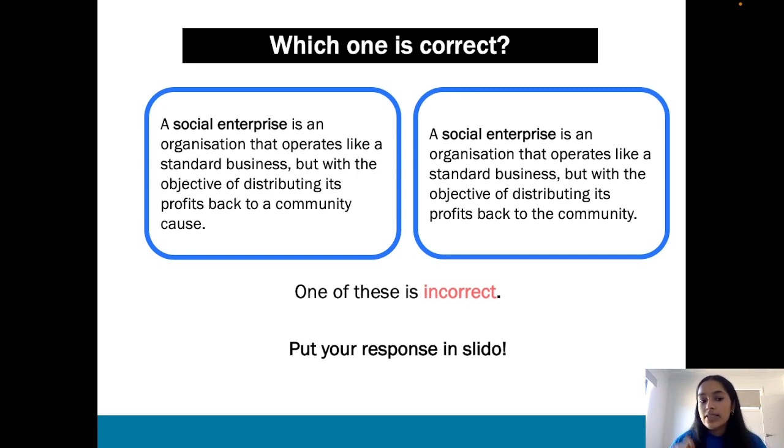So it's all about seeing what within the community needs more support, and trying to direct its profits towards that. And then you would label that as a community cause. So really important, making sure that you're using the right wording in that definition. Lovely.